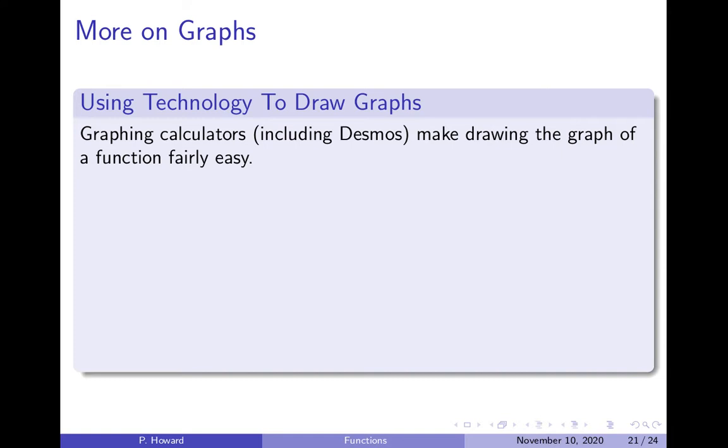But we will primarily be using technology to draw graphs. Graphing calculators, including Desmos, make drawing the graph of a function fairly easy. And actually, I used some technology to get that green graph on the previous slide.